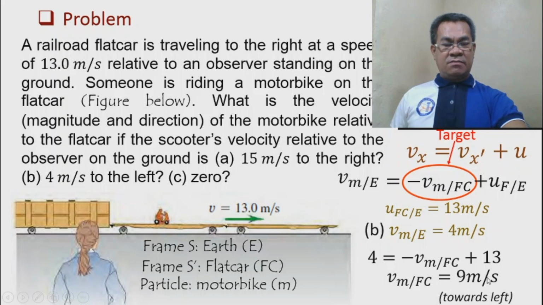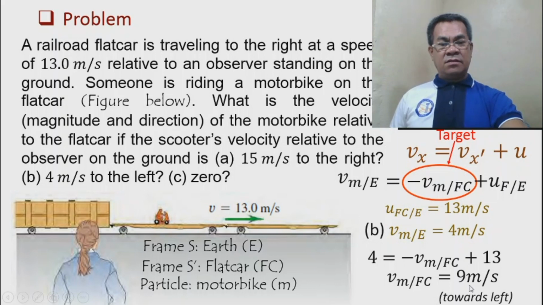This is much greater compared to the previous question, letter A. Letter A answers 2 meters per second, but this is 9. So when the motorbike reverses its direction, then according to the observer in the moving train, it is moving faster compared to the same direction.